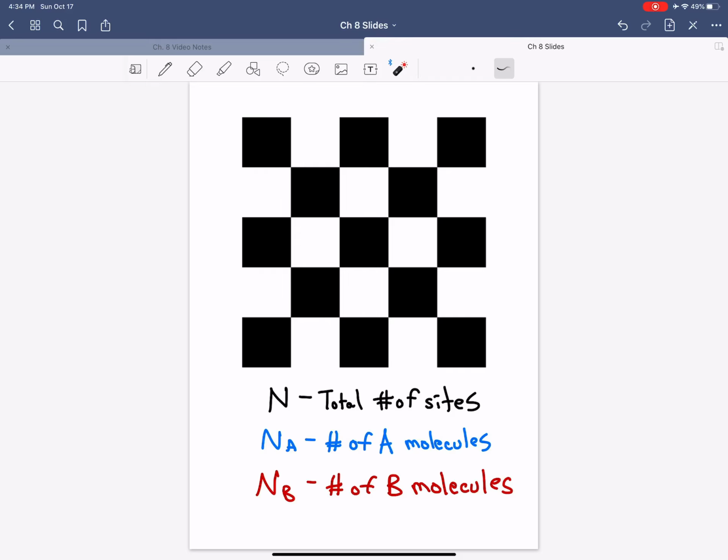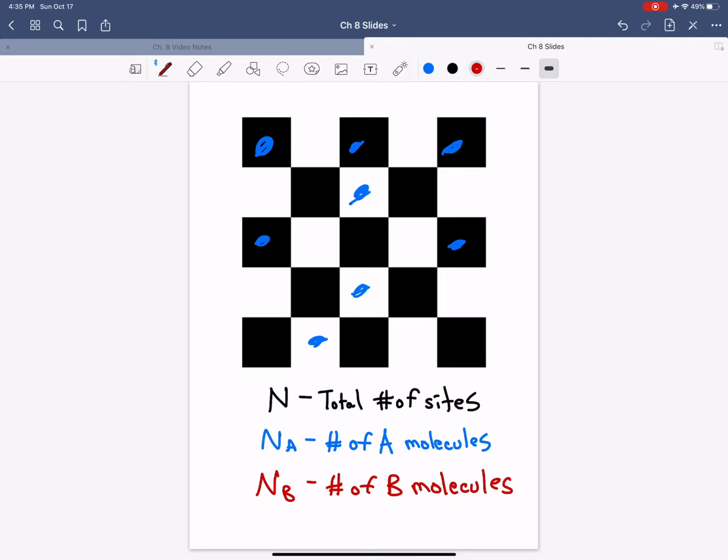And we'll let the number of squares, or the number of sites in our checkerboard, be equal to n. Okay? And so, if we have a mixture of A and B molecules, let's say we arrange the molecules like this. So, let's say we have A molecules here, here, here, here, here, here, here, and here.